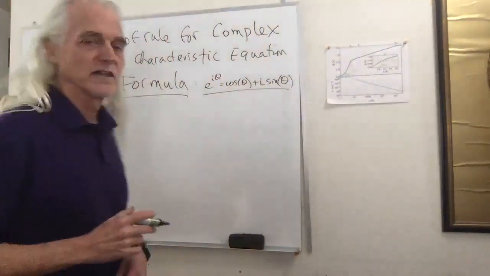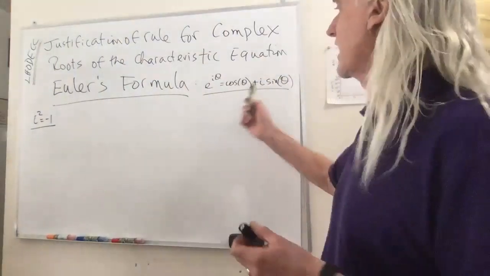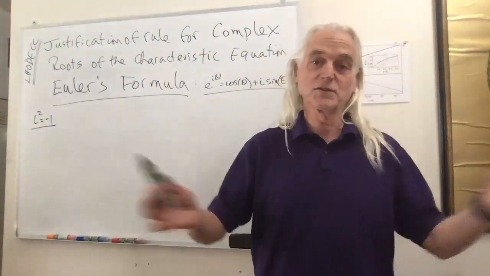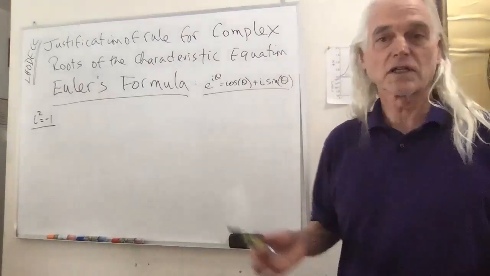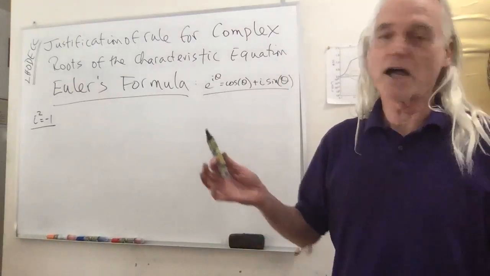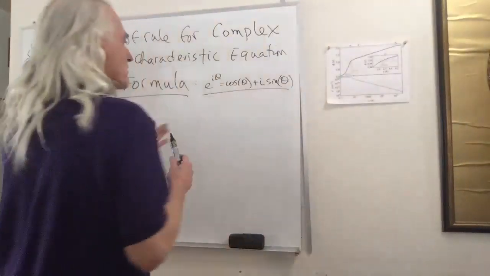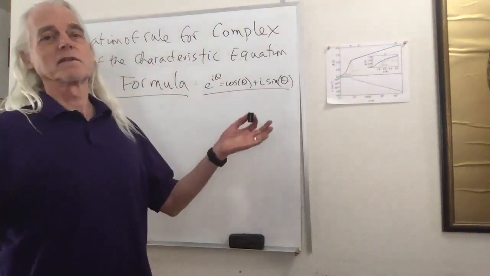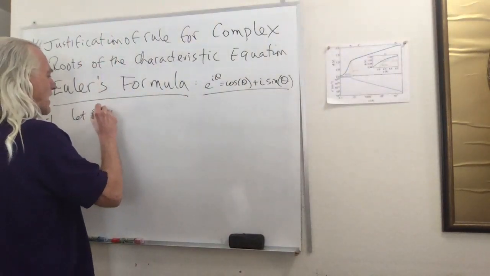I might justify this formula later. It's often done, I'm sure it's in the books, using the Taylor series. I might actually do another video, I'm on a roll here, justifying this formula using differential equations. Why not?